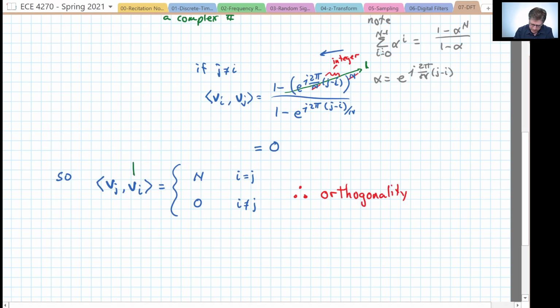So, in this case, we call this the DFT basis, and we can actually project a signal onto the DFT basis by using the DFT matrix, which is made up of all of the basis functions and has lots of nice properties, some of which we'll get to as we go along.